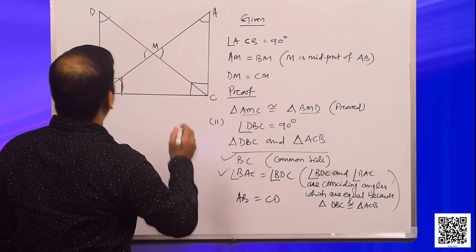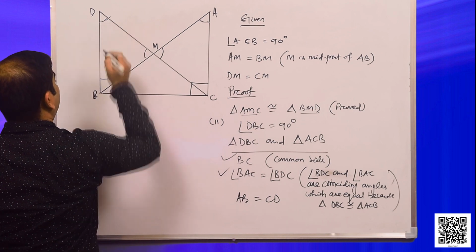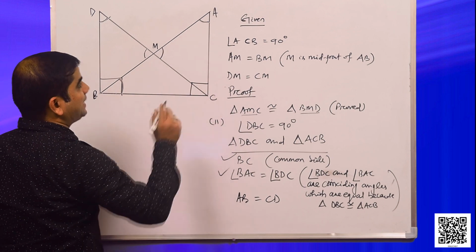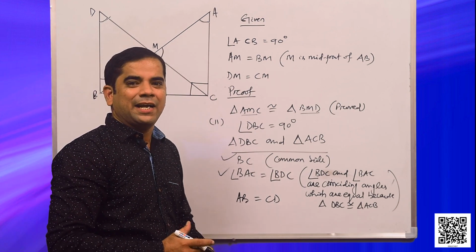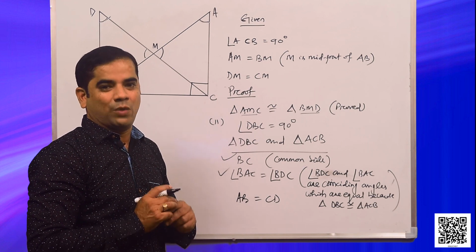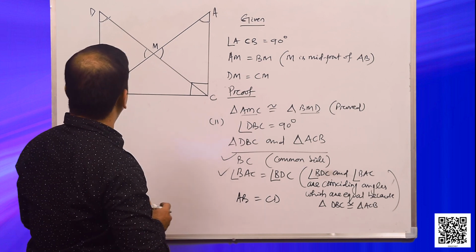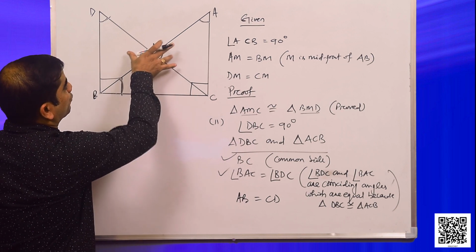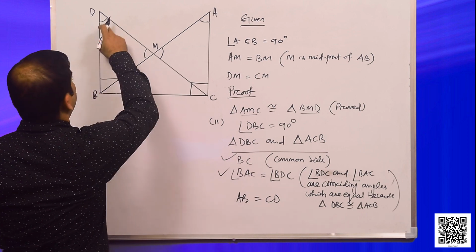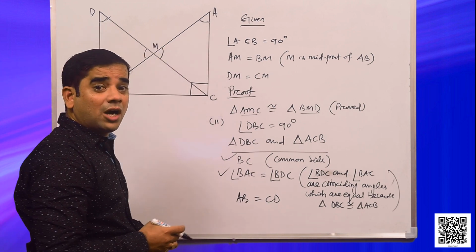That's why we need to prove that the included angles, that is BDC and BAC, have to be equal, isn't it? As we have already proved that these two triangles are congruent, these two angles are also congruent.